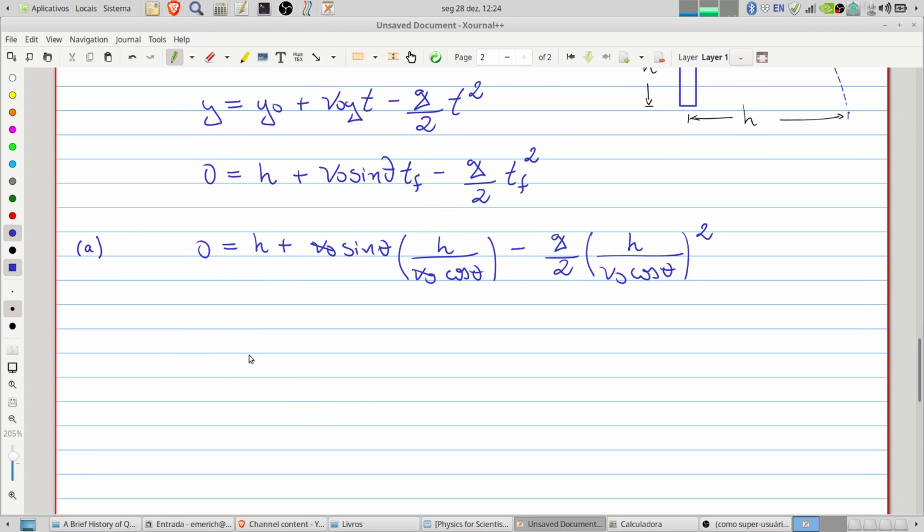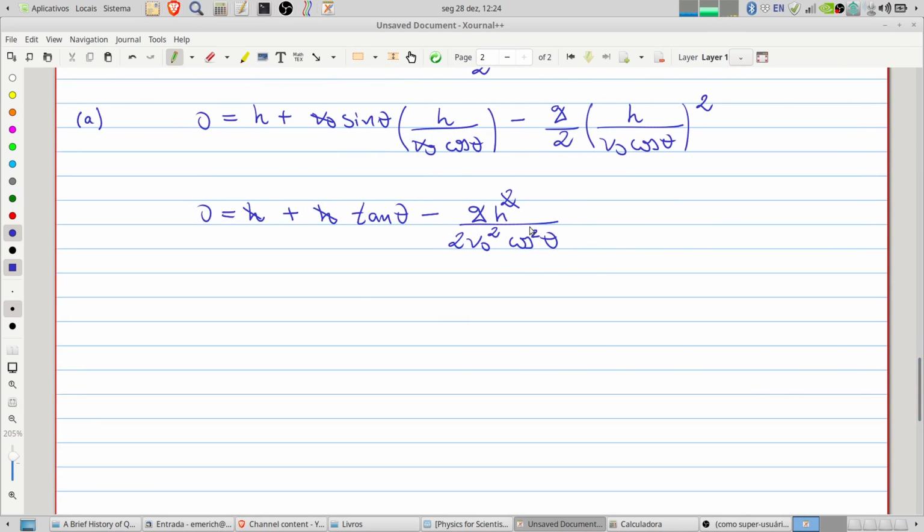So we'll have 0 equals h plus h tangent of theta minus g h squared divided by 2 v0 squared cosine squared of theta. And we can also cancel this h with this square.